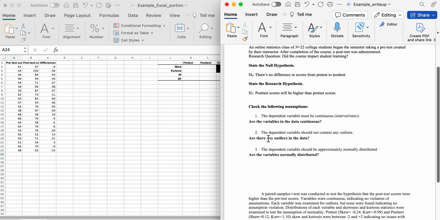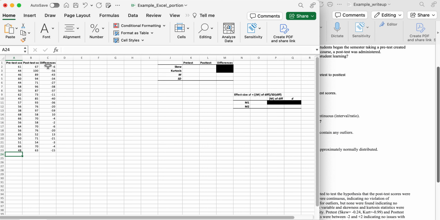So we also look at whether the dependent variable should not contain any outliers, all right? So I'm going to look at both of these for outliers. Now this is something we're going to need. We don't need to check it for outliers or anything like that, but it is just the difference between these two.